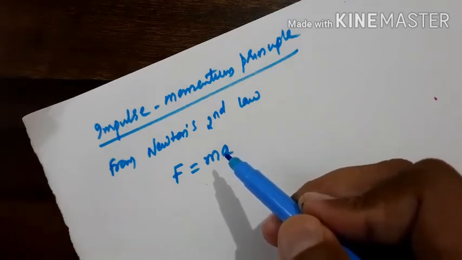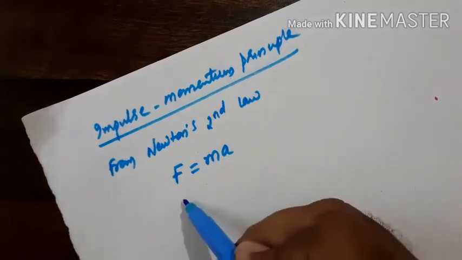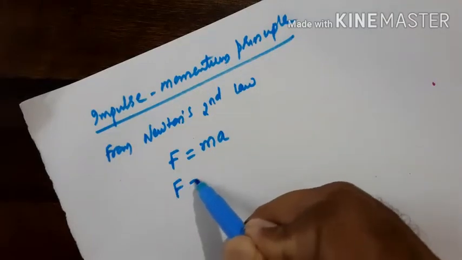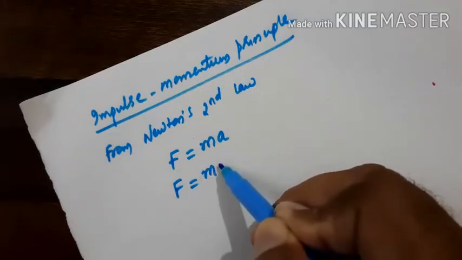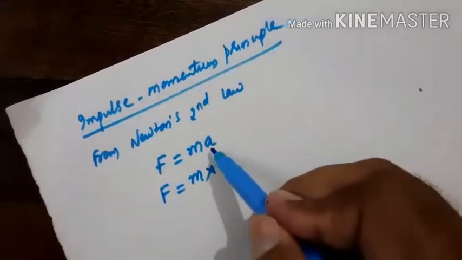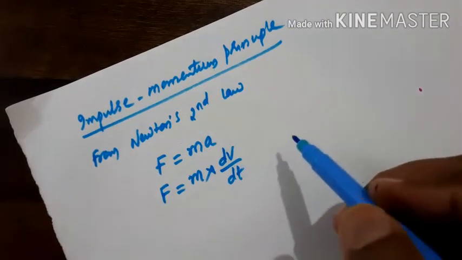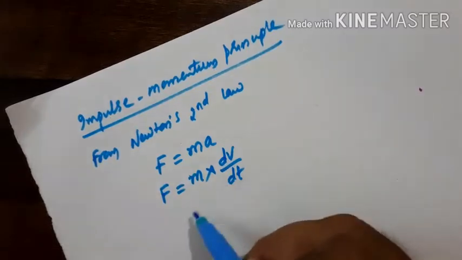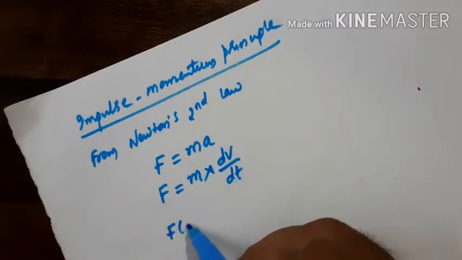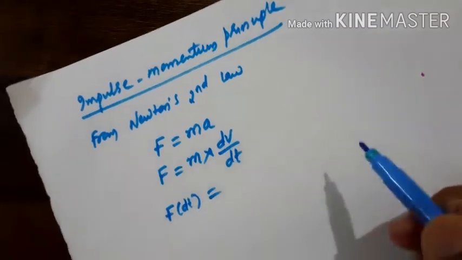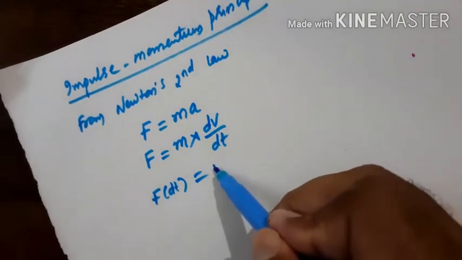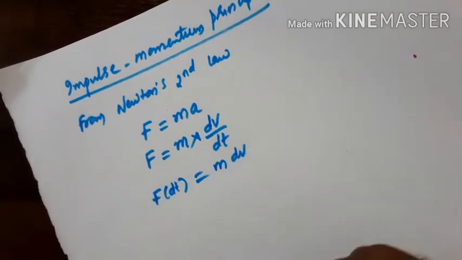Then we can write F equal to mass, which is fixed constant, the variation is acceleration, that is dv by dt. Then take this dt this side, F into dt is equal to m into dv.